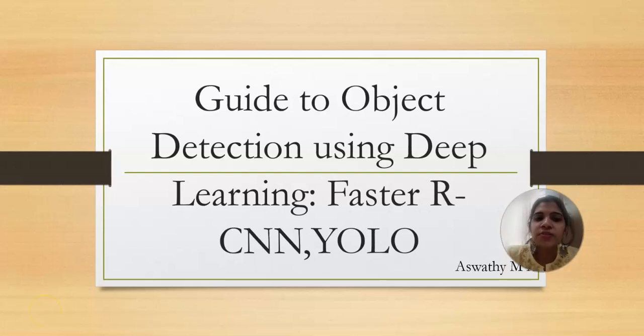The difference between object classification and detection is that in classification we are only classifying the object, but we are not going to detect anything. So what is the difference between the word detection and classification? Classification or categorization means we are categorizing things.